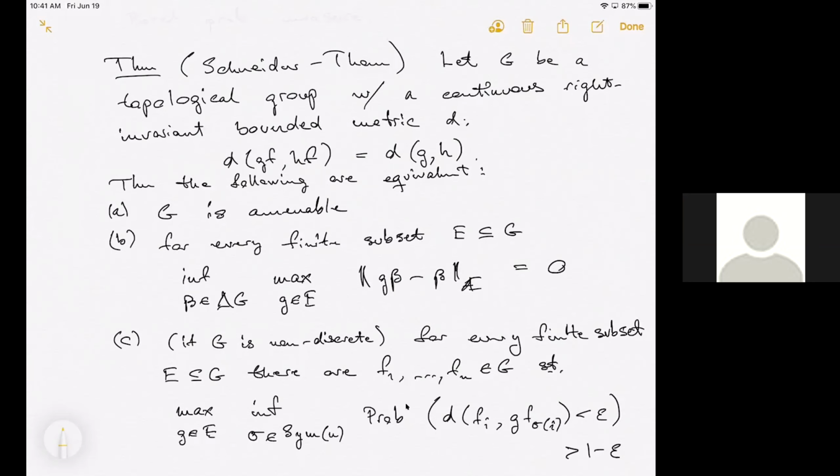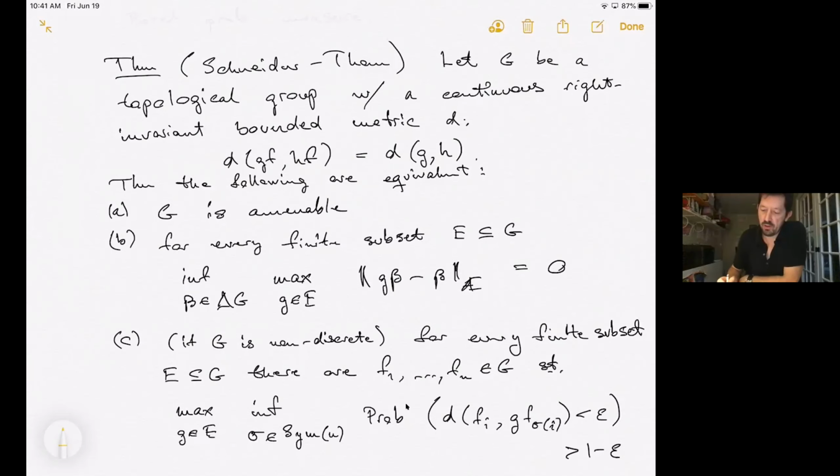Okay, so for amenability, let's look at the last case here. It's simply that my beta here, I can write it as the average of a finite sequence, namely this finite sequence here.